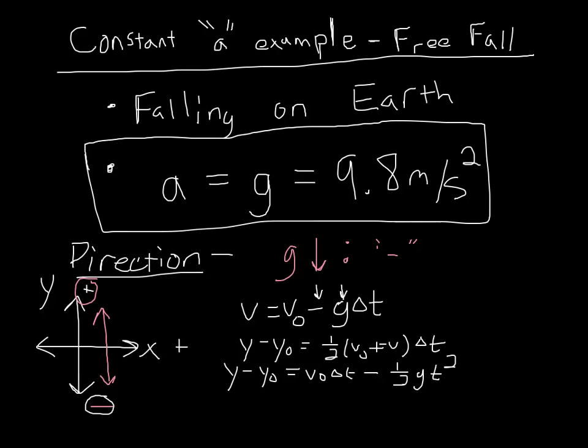Again, the negative comes from my acceleration being down. And then finally, negative g times y minus y naught is equal to 1/2 times v squared minus v naught squared.